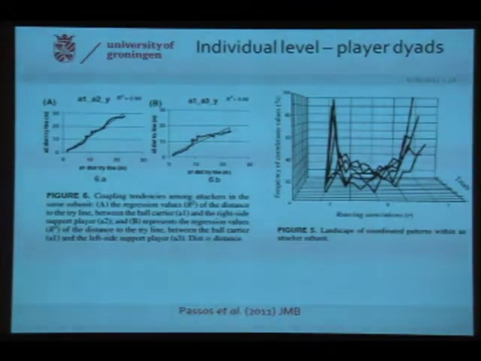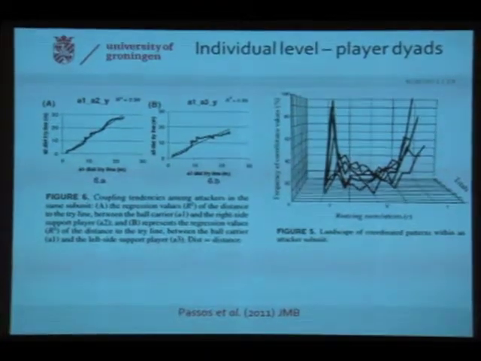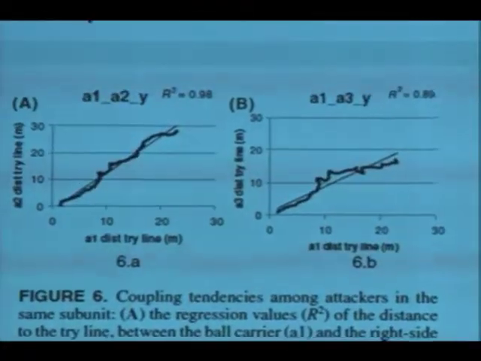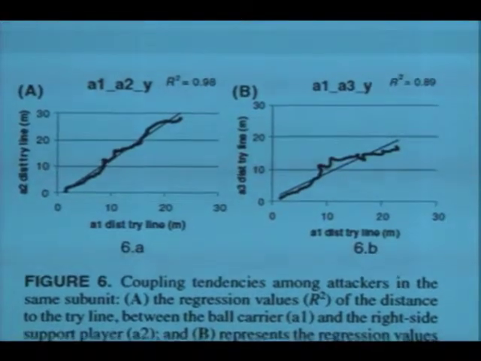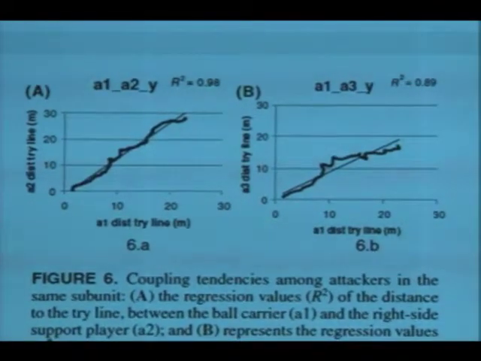Here you can see attacker 1, distance to the try line, and here attacker 2, the distance to the try line. And then you see they are nicely coupled. Whereas the same attacker with a different attacker from the same team, this coupling is less compared to that one.